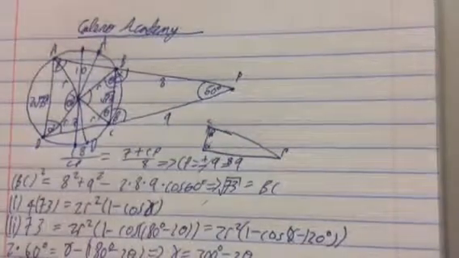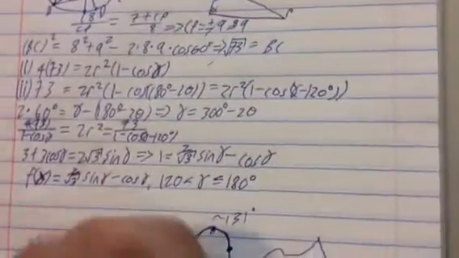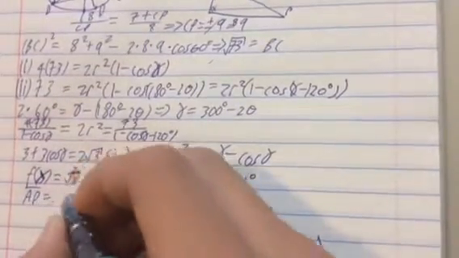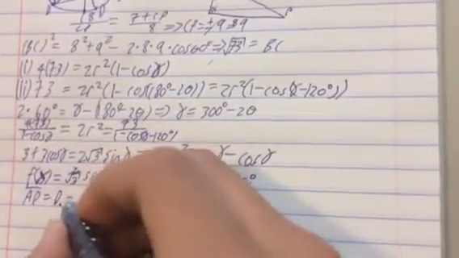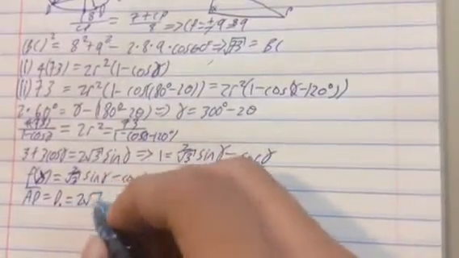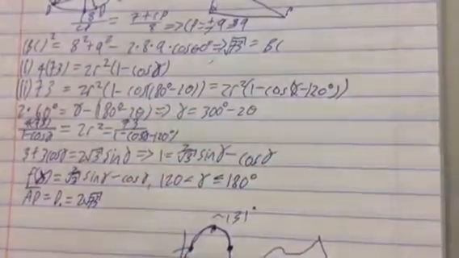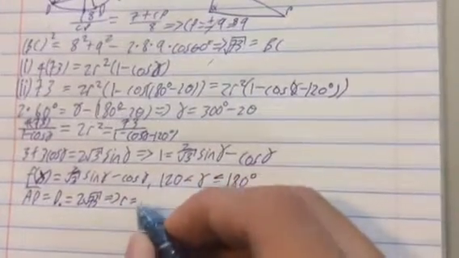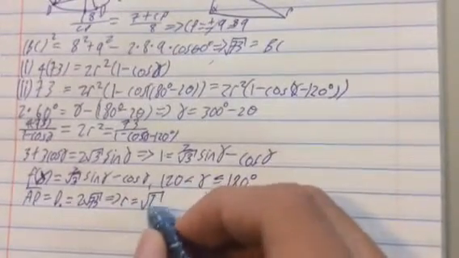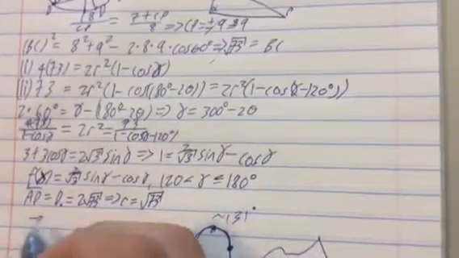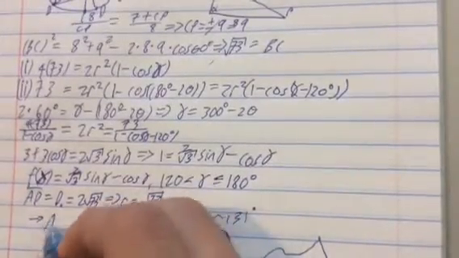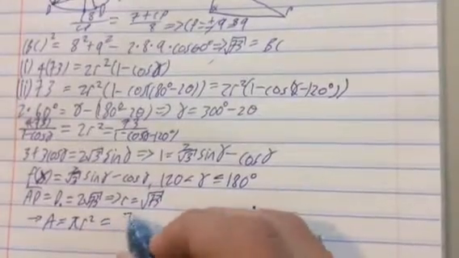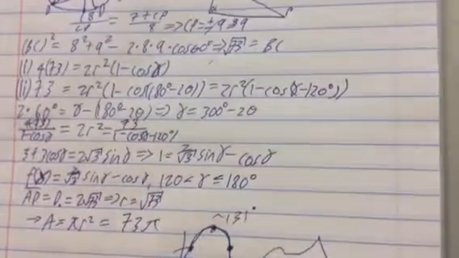And if AD is now the diameter, then the diameter is equal to 2 root 73, and therefore the radius is equal to the root of 73. And therefore, the area of the circle is equal to pi r squared, which is equal to 73 pi. And that's it.